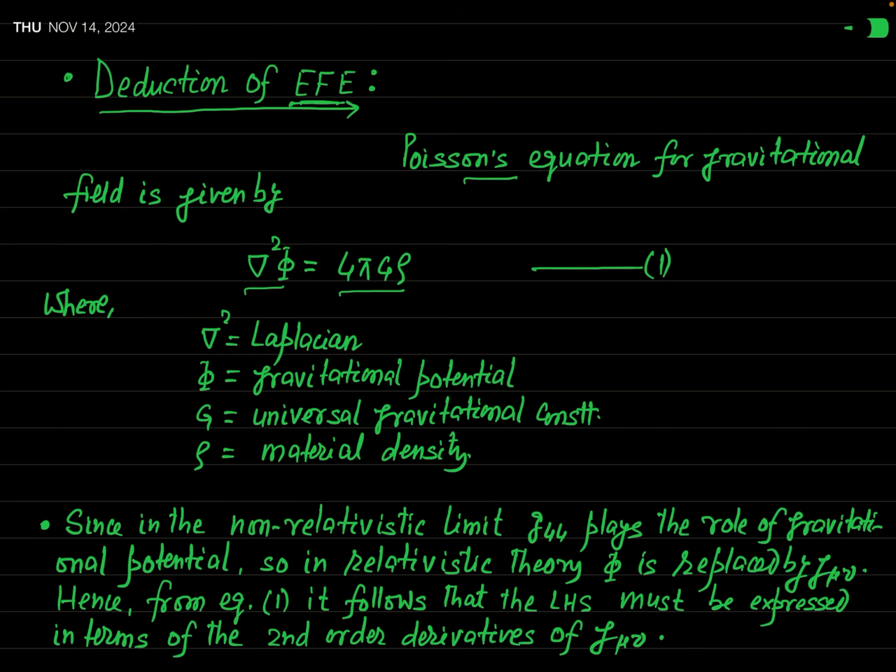Phi is the gravitational potential, G is the universal gravitational constant, or Newton's gravitational constant, and rho is the material density. So this is a classical equation, and it expresses Newton's theory of gravitation. This very equation is called Poisson's equation.